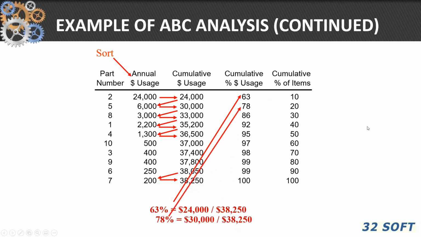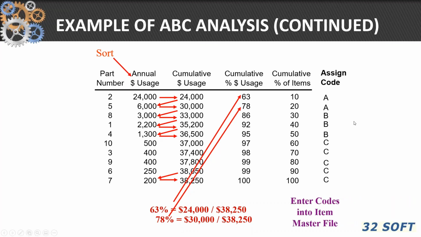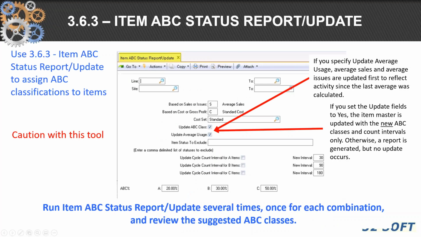Then we continue on down, and then based on our analysis, we assign various ABC codes to those. And those ABC codes are entirely up to you, how you want to measure them. Then we enter the codes into the item master file in 1.4.3.